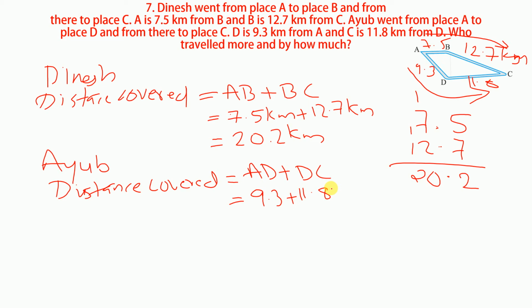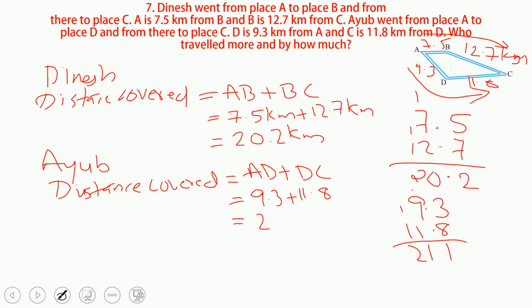Which is equal to 9.3 and 11.8. You must understand this: the point must come together. Here 11, 1 carry, 10, 11, 1 carry, 21. So it is 21.1 kilometer. Now comparing these two, you can understand that 21.1 is greater than 20.2.